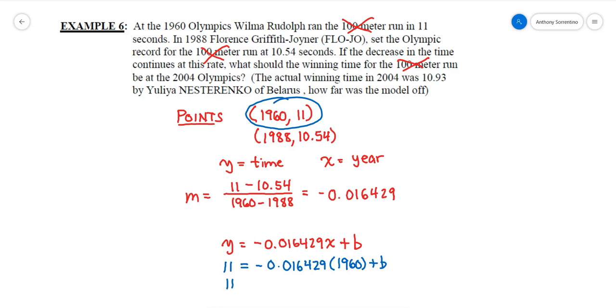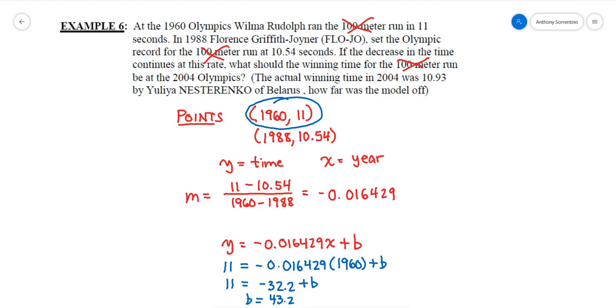So I'm going to have 11 equaling negative 32.2 plus b, which means b is going to equal 43.2.